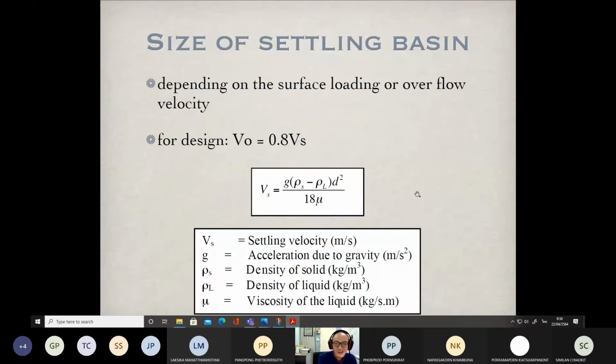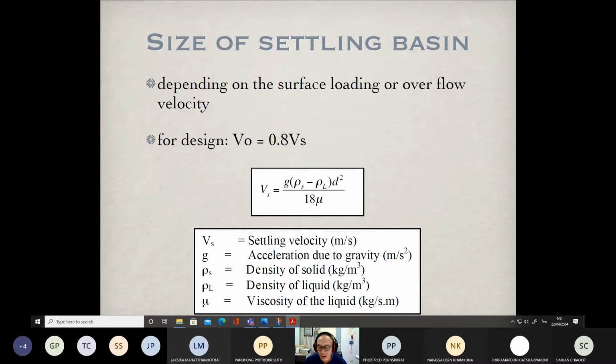For the designs, we prefer to allow the overflow rate slightly smaller than Vs. This is more or less like a safety factor. So we prefer the overflow rate slightly smaller than the settling velocity.